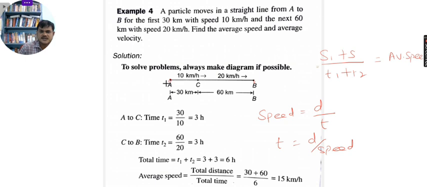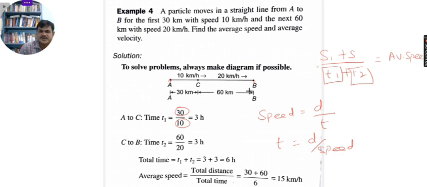For the first 30 kilometers the speed was 10 kilometers per hour. Clear? So I can find the time taken for this 30 kilometers as 3 hours, because the speed is constant. Simply use this relation. So time t1 is noted, and t2 I can find the same way.